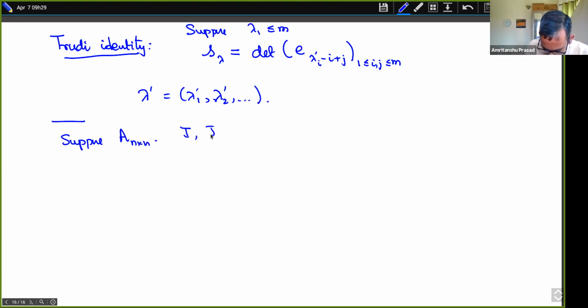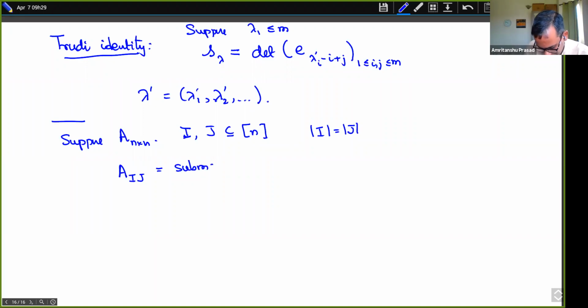I and J are subsets of the set of numbers from 1 to n, and let's say they have the same size. Then we can talk about the submatrix A_IJ obtained by choosing rows from I and columns from J.